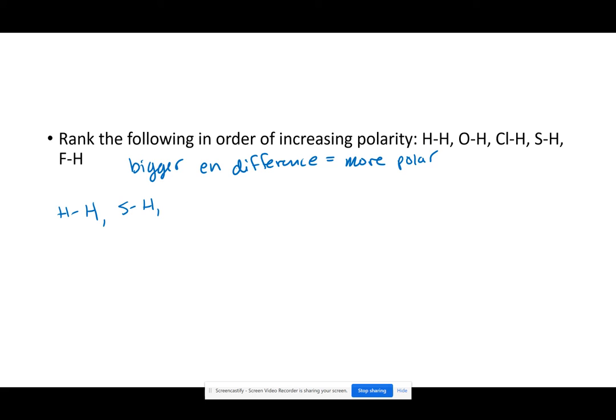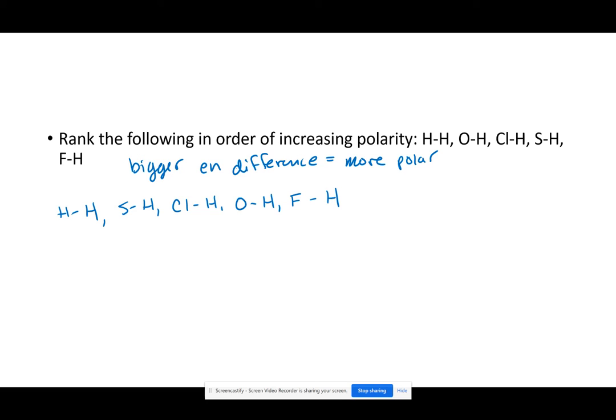After sulfur would come chlorine, and then oxygen, and then fluorine. Oxygen is higher than chlorine because chlorine has more shielding, and as a result, it has a lower electronegativity than oxygen.